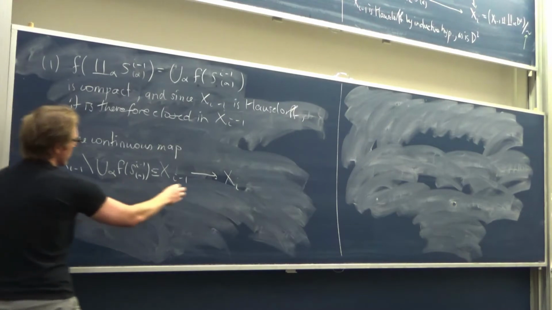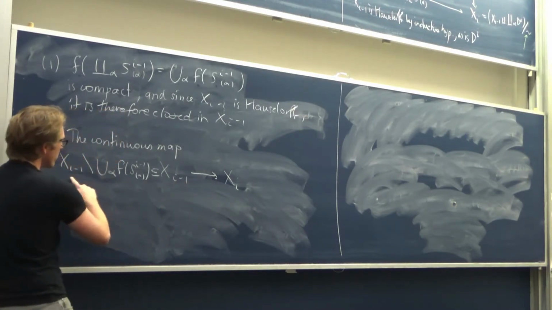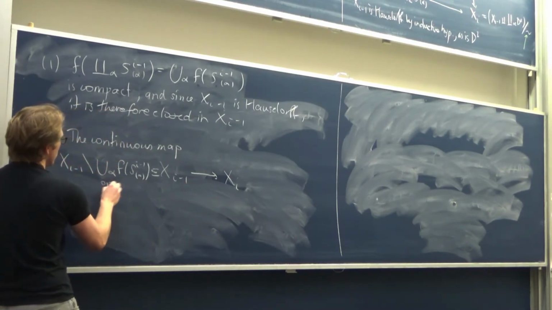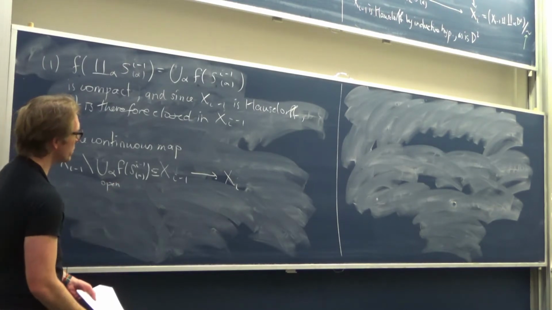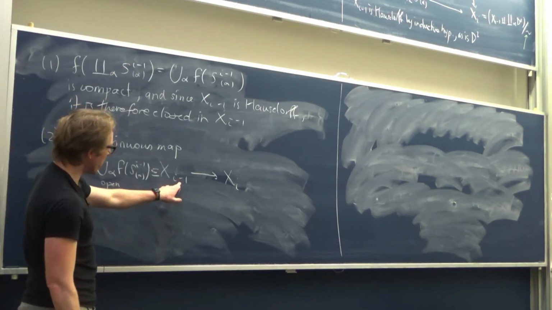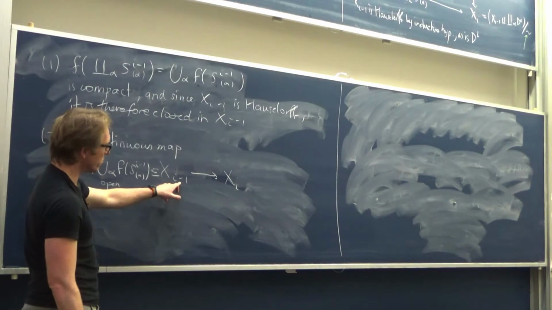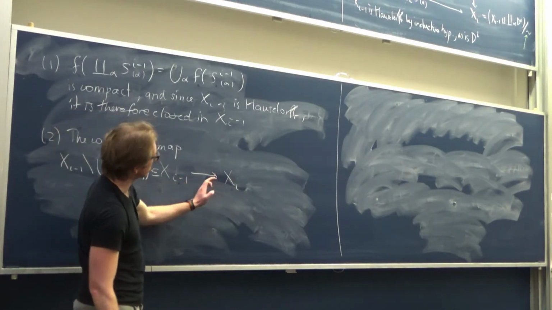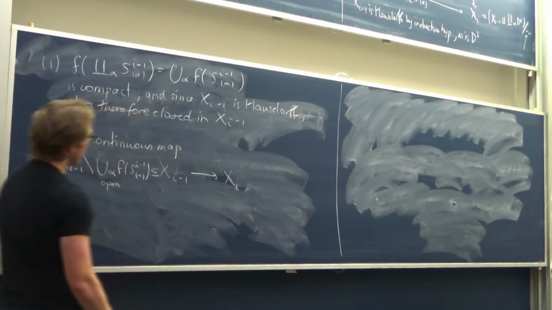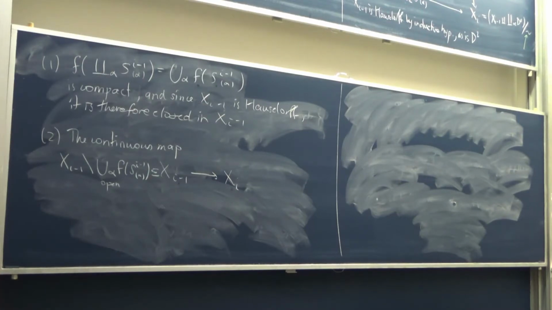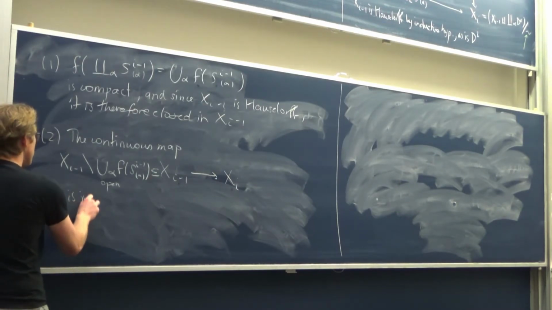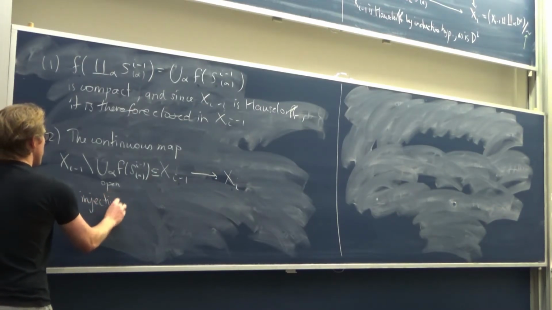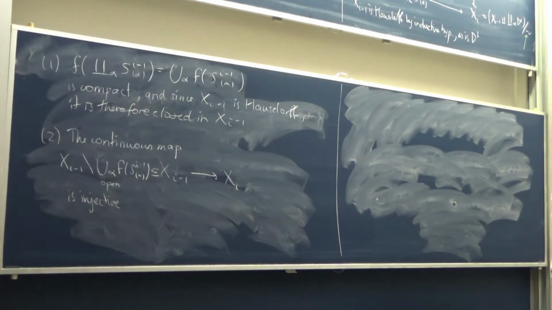So look at the inclusion of that open subset in X_{i-1}, then sit X_{i-1} inside the disjoint union, and then take the quotient map. This is the right-hand vertical map in that diagram. So that map is injective. How do I know it's injective from what's already on the board?